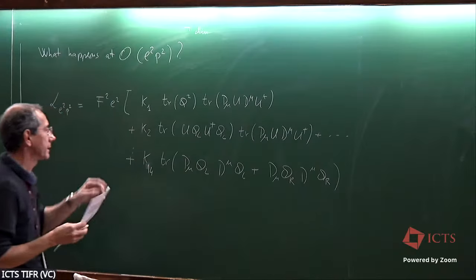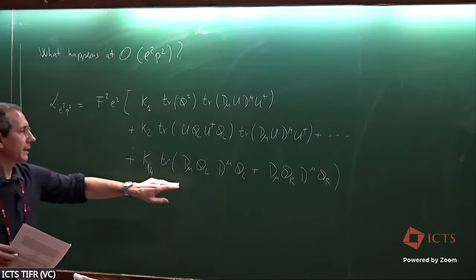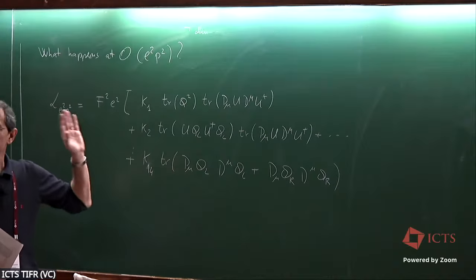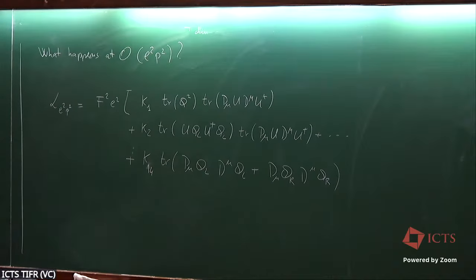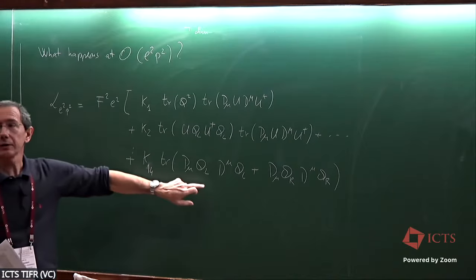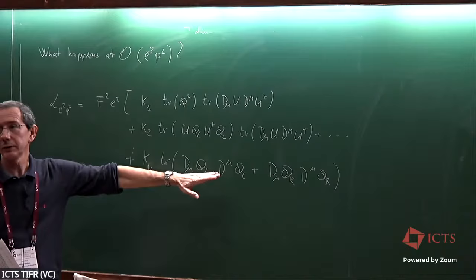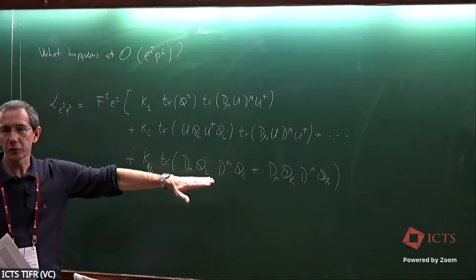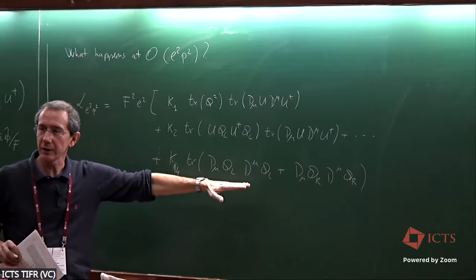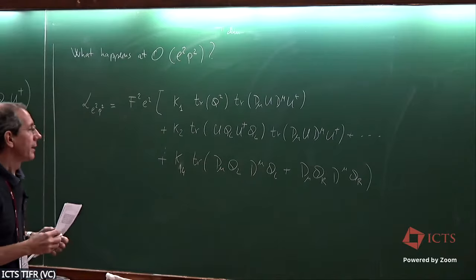There are 14 terms. If you treat Q as I show you here, as something that depends on X, as an external field that depends on X, you also have terms which contain the derivative of Q. Of course, these you will drop in any realistic calculation, but they are there formally for the normalization.